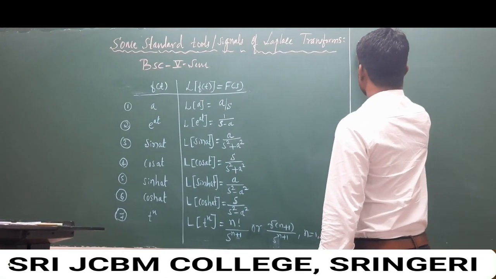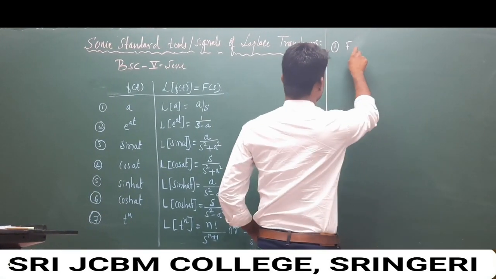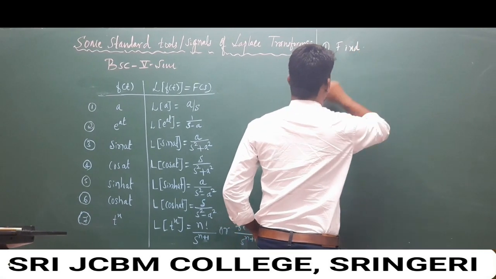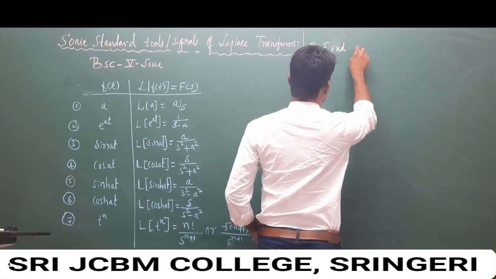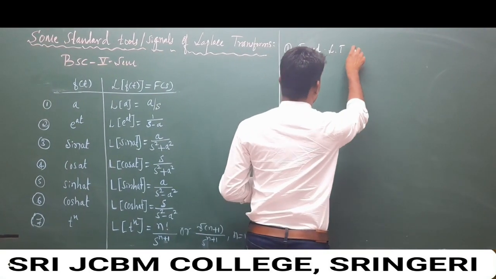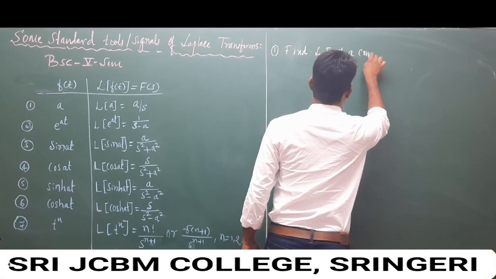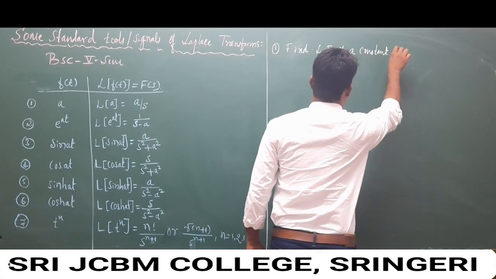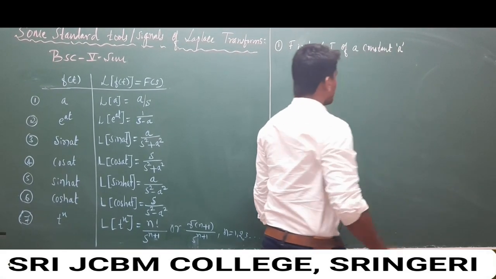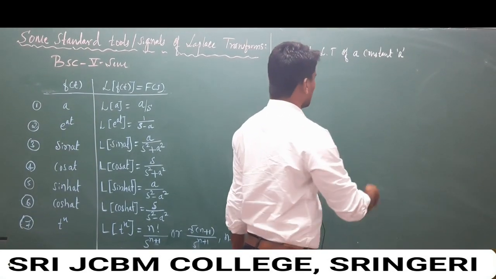First one, find Laplace transform of a constant. The value is a. It may be in k form also, anything.